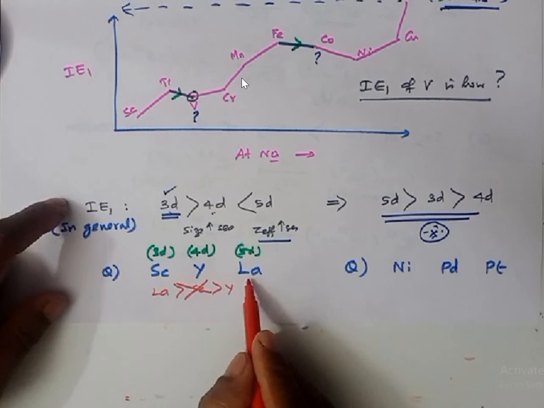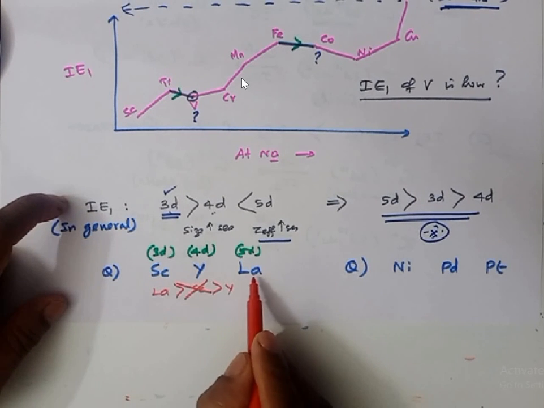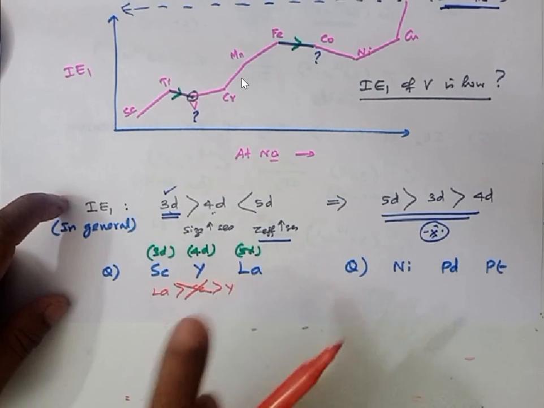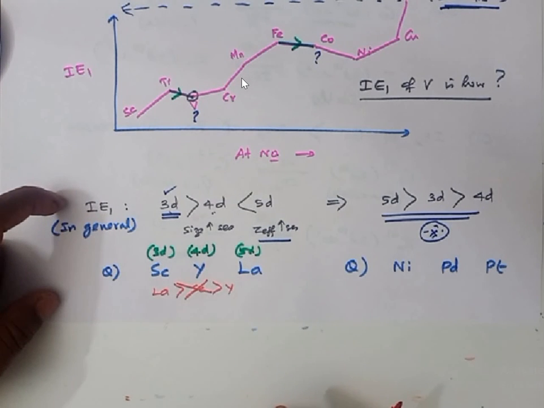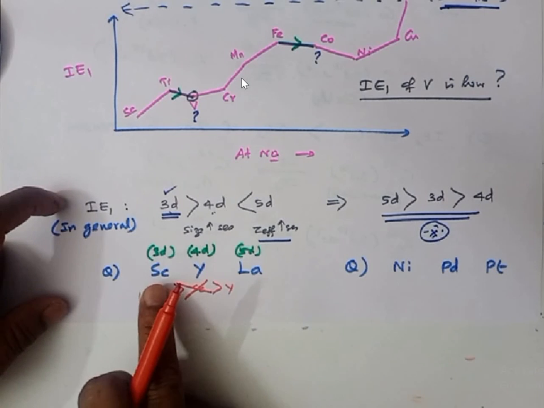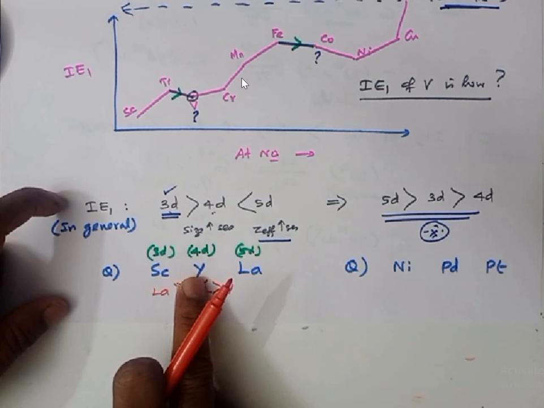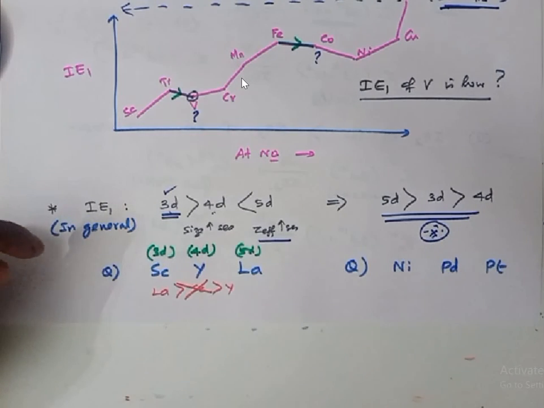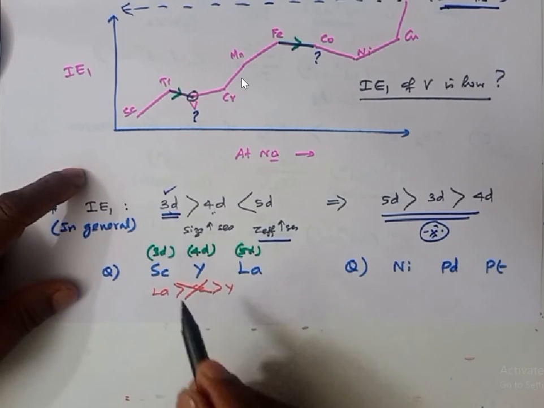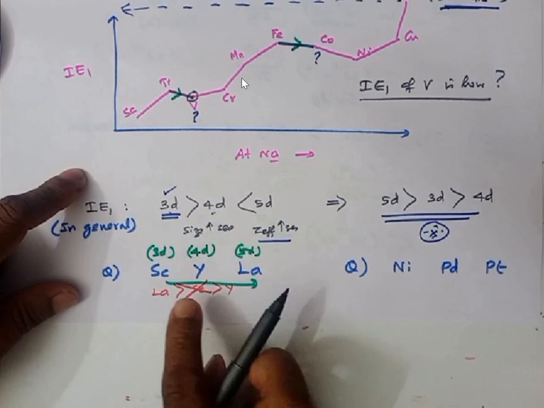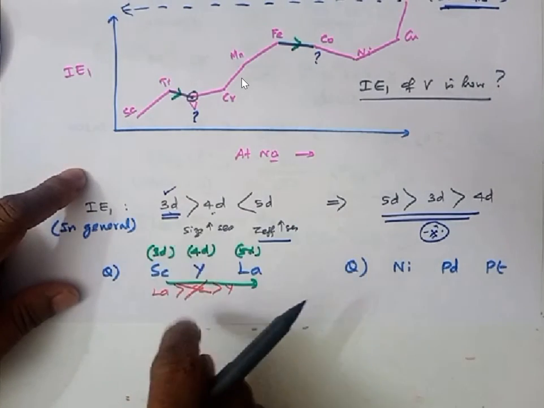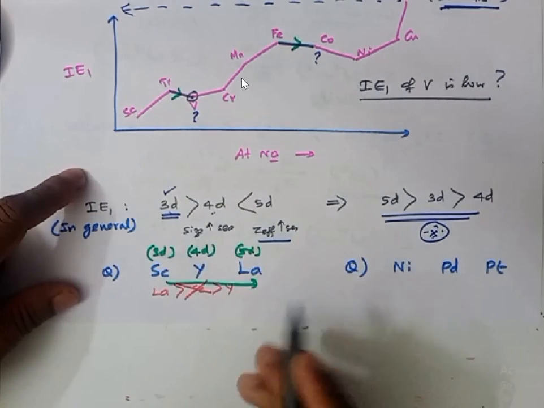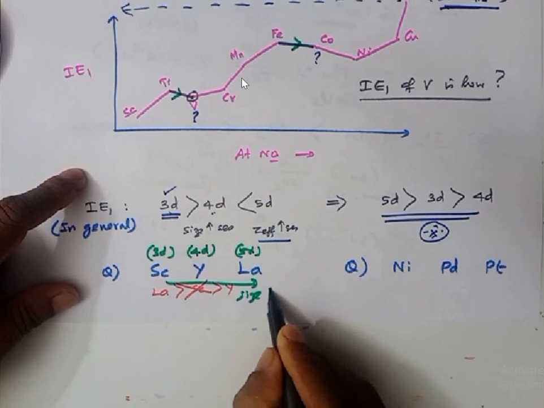Why? In lanthanum, there is no 4f electron, student. There is no lanthanide contraction here. Therefore, from scandium to yttrium, size increases. Yttrium to lanthanum also, size increases. There is no effective nuclear charge effect here. It is top to bottom, 3d, 4d, 5d, size increases.